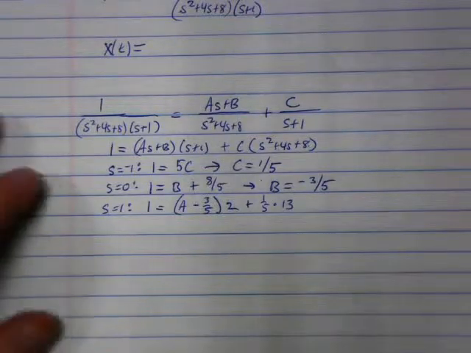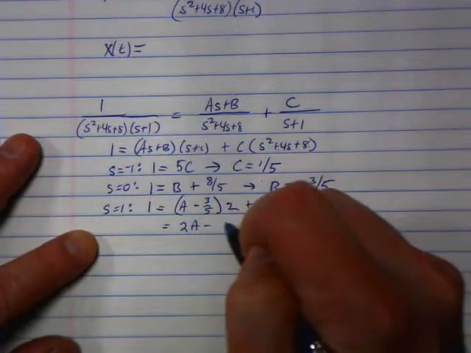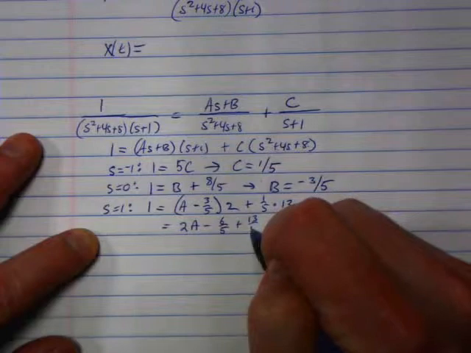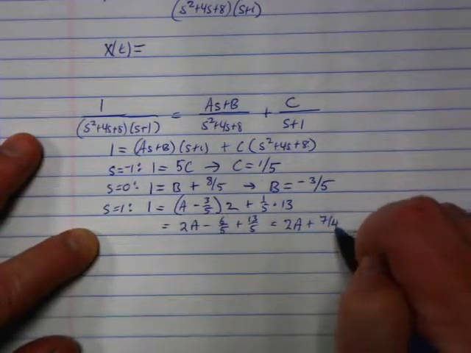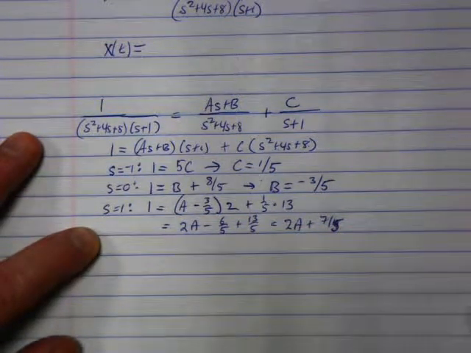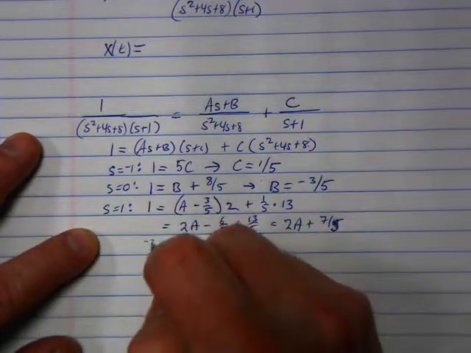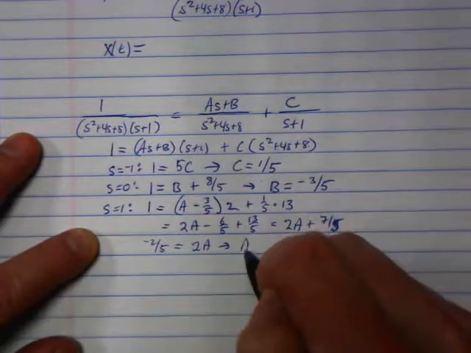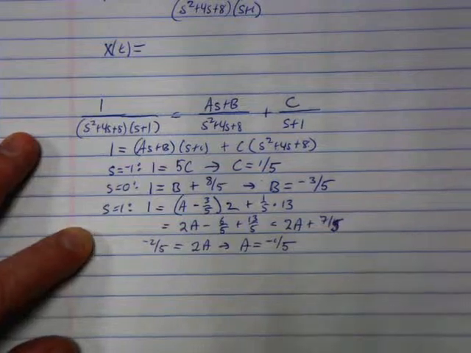Okay, so then I have to solve for a. That's going to be 2a minus 6/5 plus 13/5, so that's 2a plus 7/5. Subtract 7/5, 1 minus 7/5 is minus 2/5 equals 2a. So a is minus 1/5.